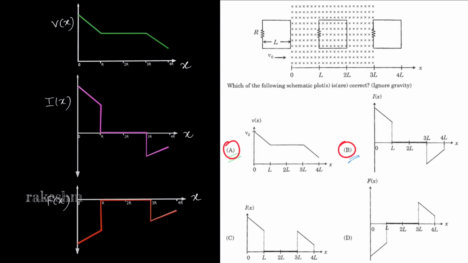If you have not noticed and taken anti-clockwise current and clockwise current both as positive, then you would have put this option and you would have got a wrong answer. And the D option we can say is definitely wrong. So the correct answers are A and B.